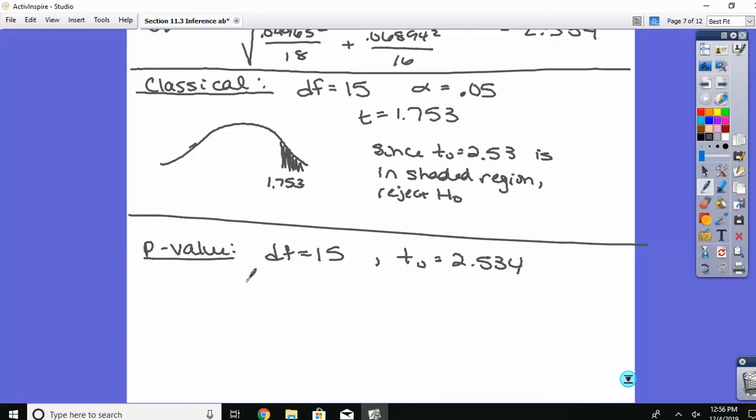And what do you get for the probability? 2.602 is the closest you can get, so if you go up, the probability of that is 0.01. Remember, if p is less than alpha, we reject. Our alpha was 0.05, that's less, so we would reject.